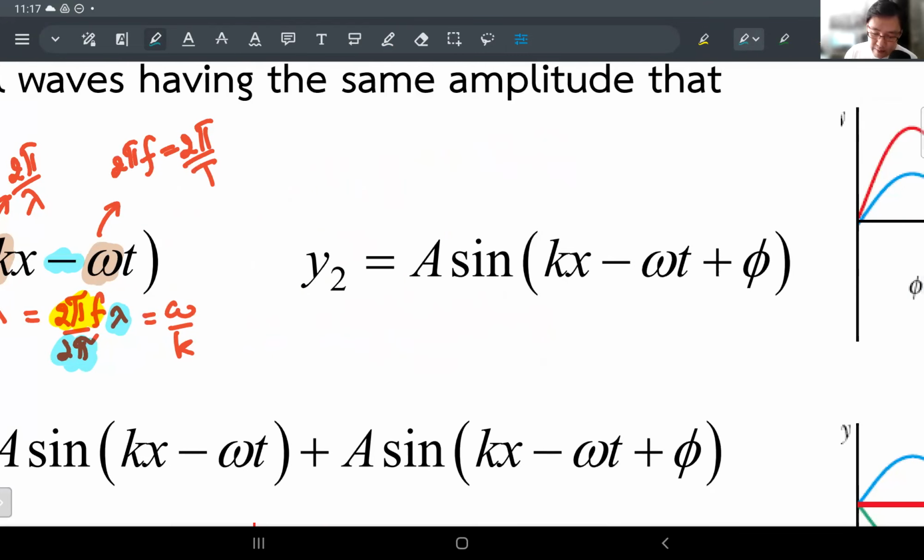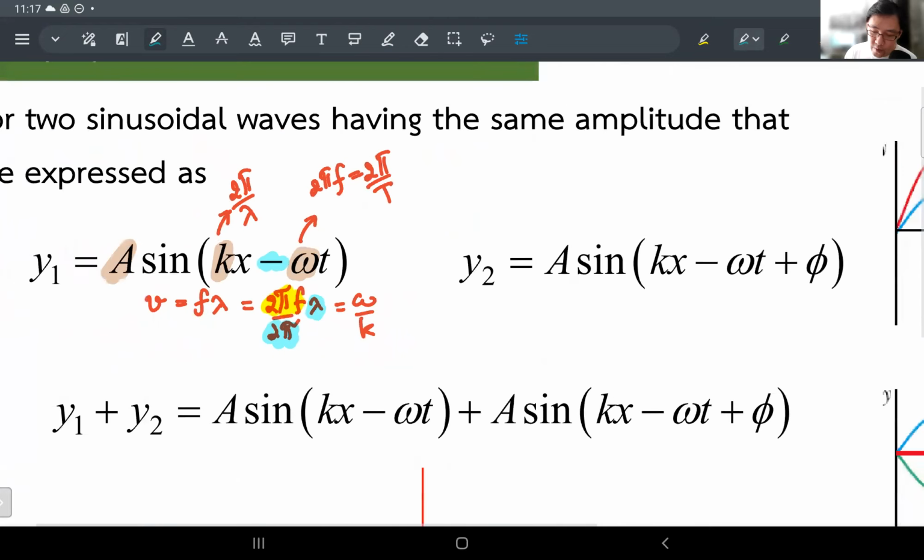Oh, that's not bad in comparison to the first one. It's just the same thing. Same amplitude, same K, same omega. The only thing that is different is now you have this extra phase difference, which is fine. We already learned this one. That is just the original wave, but you slide it.